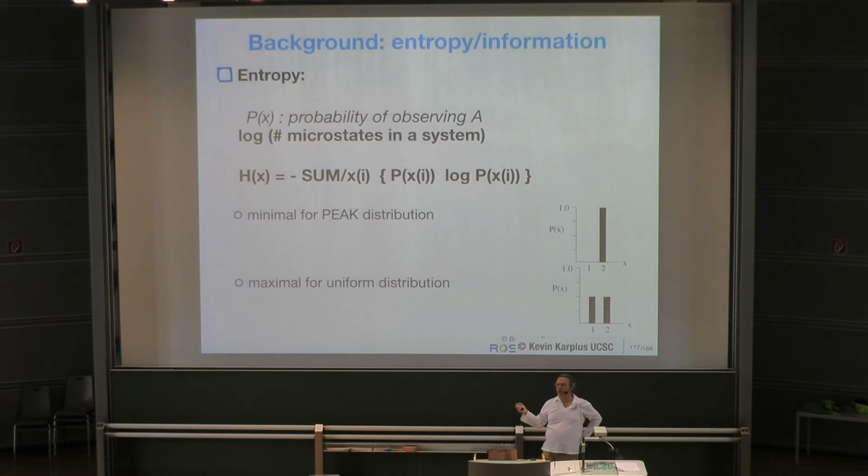In the first round, we previously used pairwise alignments, and to compare two strings we used the comparison matrix, the BLOSUM matrix, the normal substitution matrix. Here what we use is a simple entropy, the probability of observing. It is minimal for a peaked distribution, and maximal for a uniform distribution, where all states are equal.